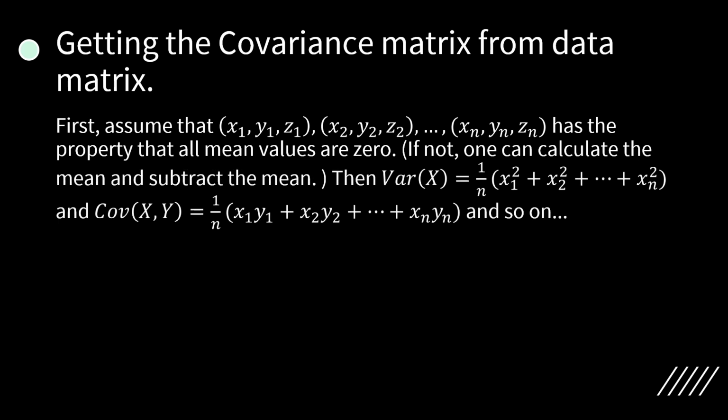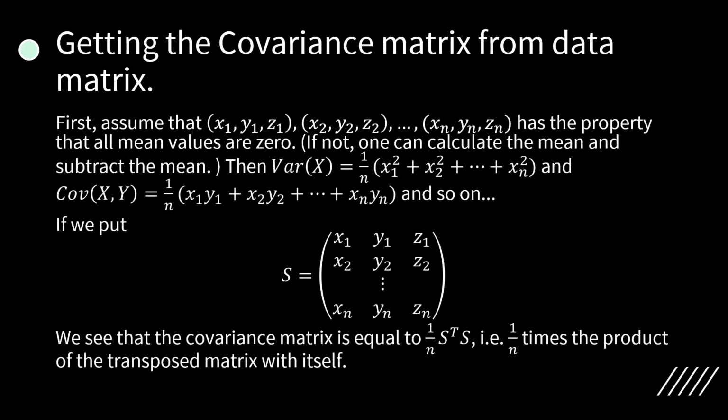Now, if we assume that, then the variance can easily be calculated as the square sum of the data points divided by n. We don't have to subtract the mean value anymore because the mean value is 0. And likewise, the covariance is much simpler. It's just 1 over n times the product of the x and y values, and so on.